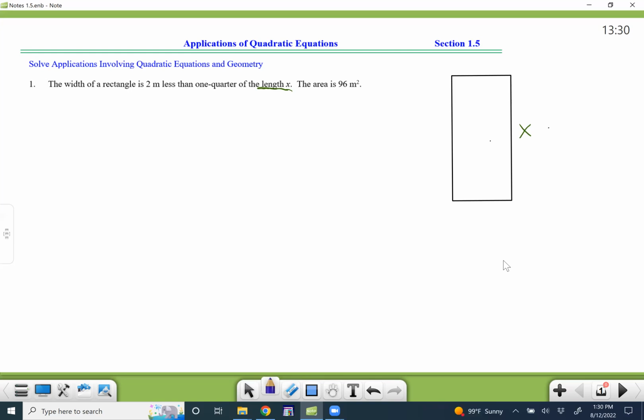A lot of students might interpret it this way: 2 meters less than, they'd put minus, and then 1/4 of the length x. And I can see why a student would do this, but this is actually wrong. Turns out that whenever you have the words less than, not is less than, just less than like this, that means that you have to take what's in front of it and what's behind it, and you're going to have to flip-flop the order anytime you see less than.